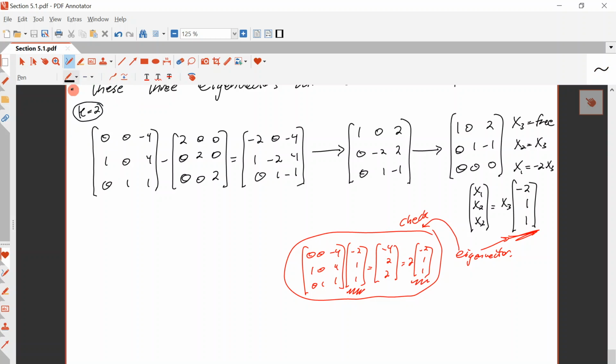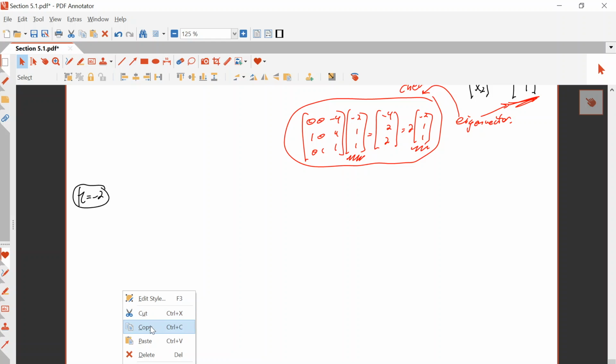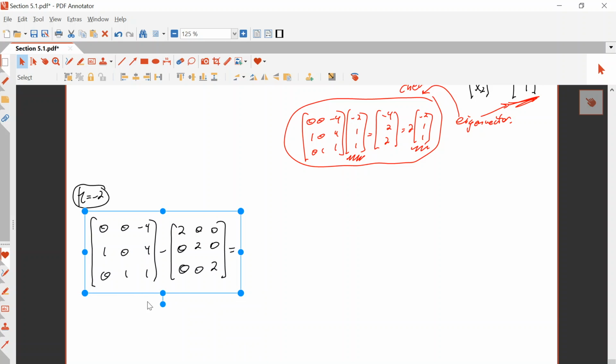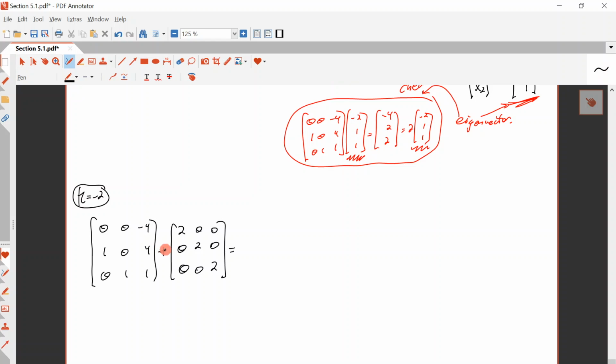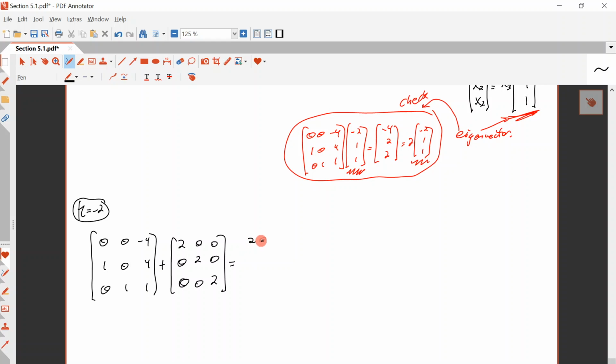K equal to negative 2. So 0, 0. Let's see. Copy this here. So this time the eigenvalue was negative 2. So this turns out to be a plus 2, 2, 2. So this is 2, 0, minus 4, 1, 2, 4, 0, 1, 3.